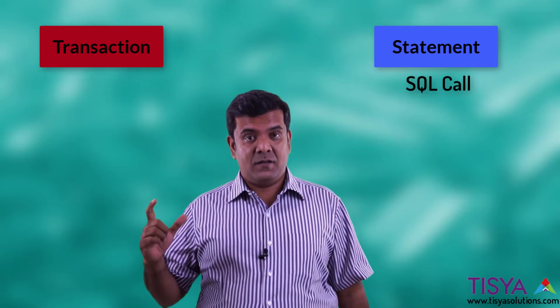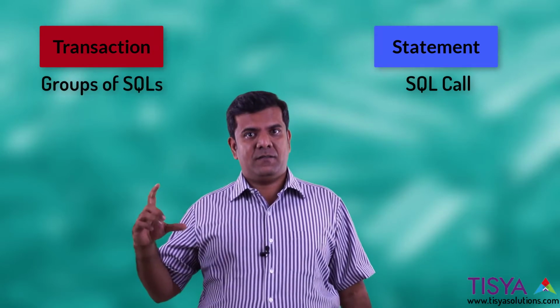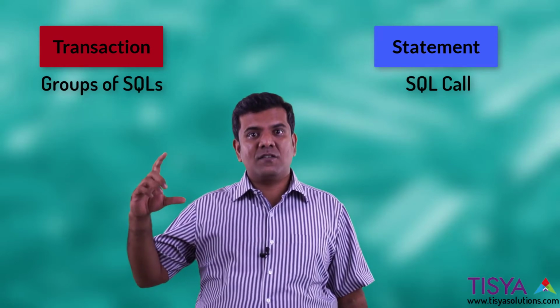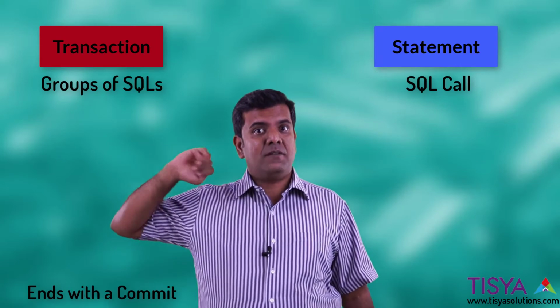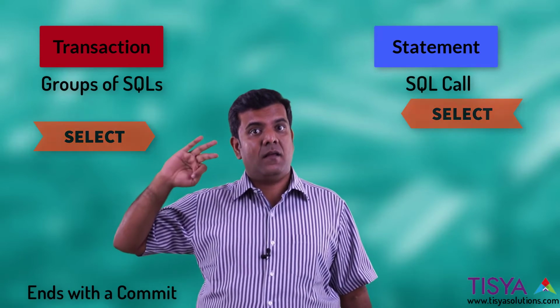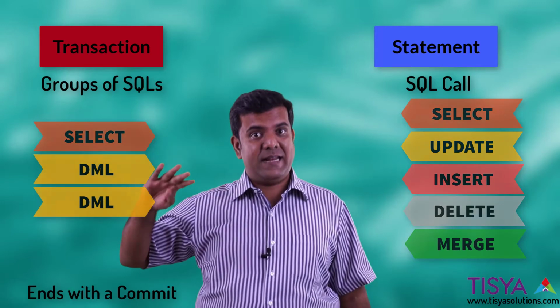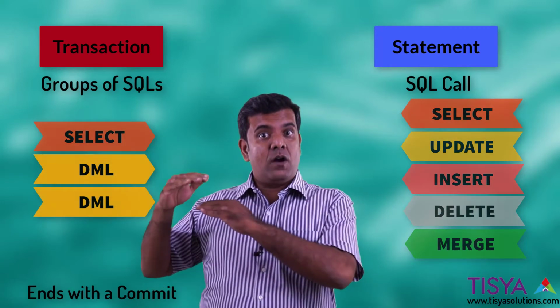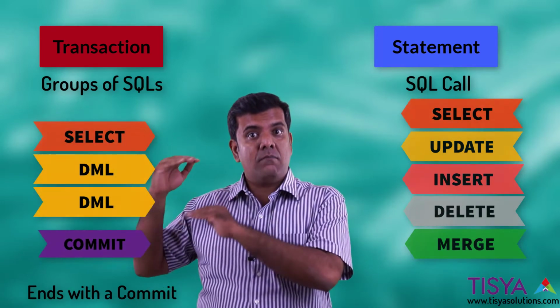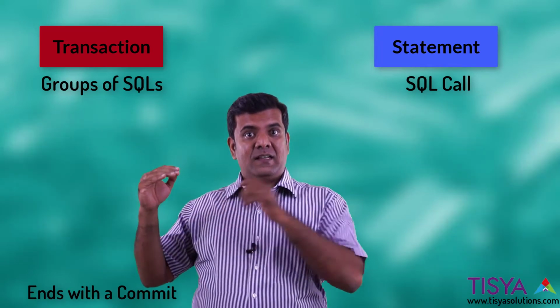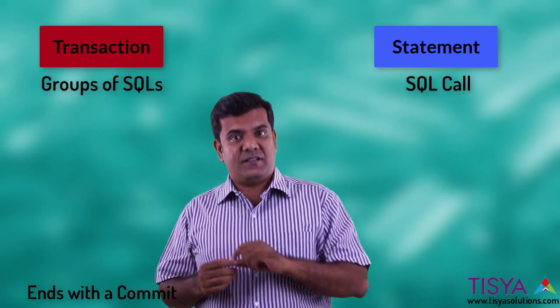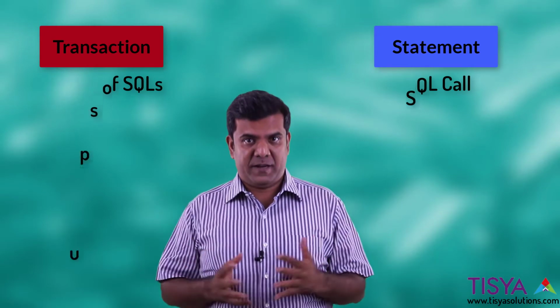Whereas a transaction is a group of statements wherein you close a transaction with a commit, which means I could perform multiple statements, be it select, DML in the form of update, insert, delete, or merge, and I want all of them to be committed together, and that is a transaction. A statement is a part of a transaction. A transaction is a bunch of statements which are logically grouped together from a business perspective.